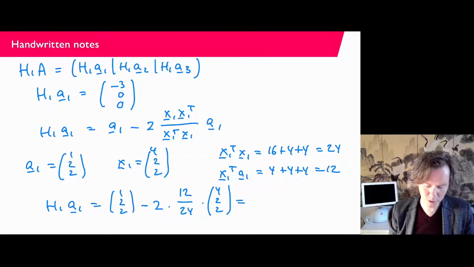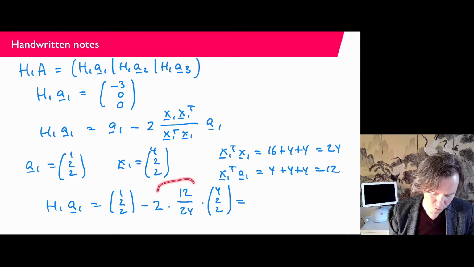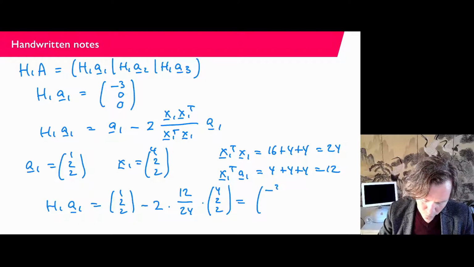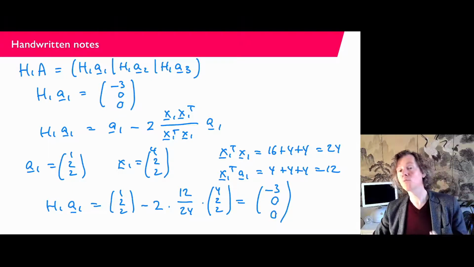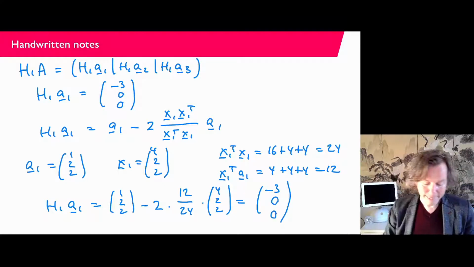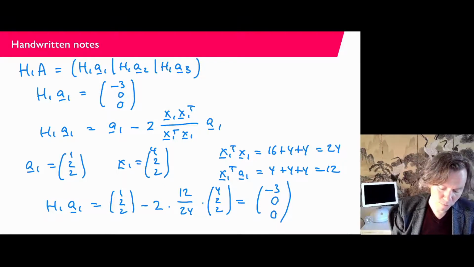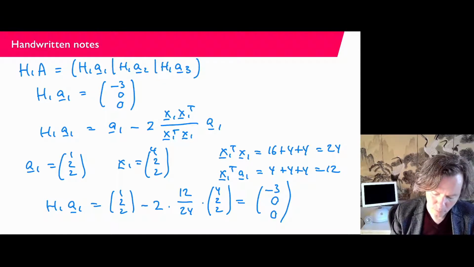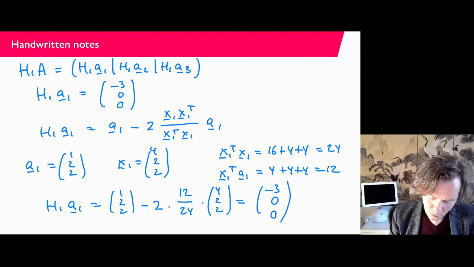So indeed, this here is 1 minus 4 equals minus 3, and here we get 0, 0. So indeed it works out. And what you see is it's quite a bit of work by hand. We also need to do that for the second and for the third column. So let's also do the second column.